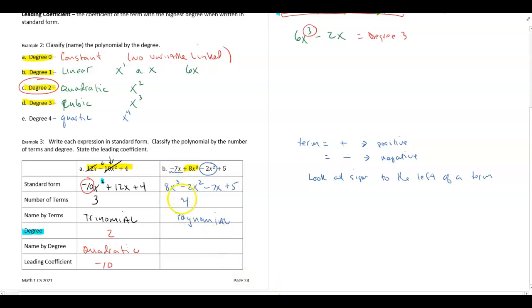The degree, the highest exponent is 3, so it's a degree 3, which means the name by degree is going to be cubic. And what's my leading coefficient? 8. Okay, so again, standard form is probably the most important part, and everything else is all about knowing the vocabulary when we're talking in class or you're reading the directions.